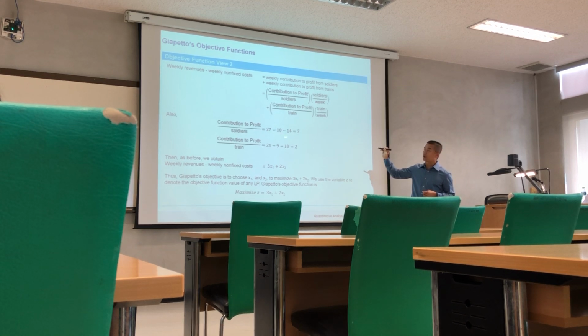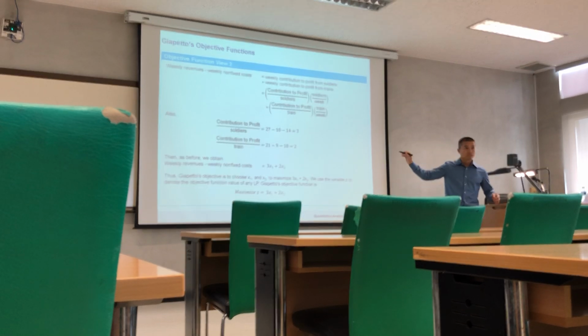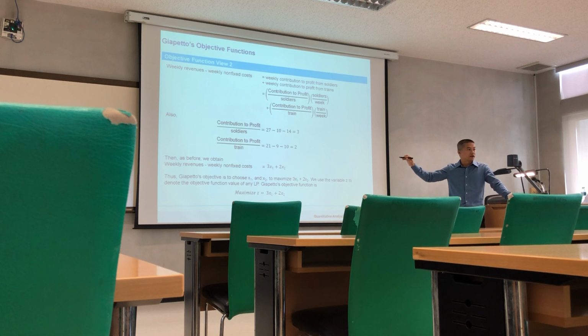Okay, two types of cost. So that's $3 of profit per soldier, $2 of profit per train. Just another way of looking at this objective function. So same thing.